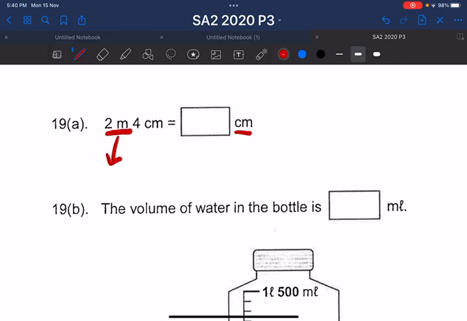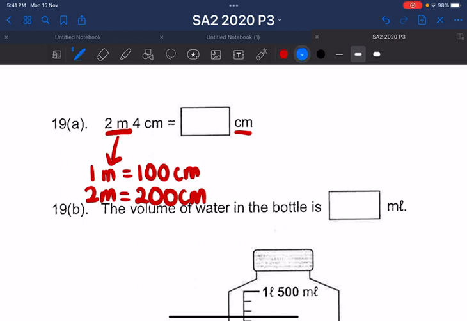is, if you remember, 1 meter is 100 centimeters. This is the only one that is in hundreds because a centipede has 100 legs. So 2 meters, easy as well. You know that 2 meters is 200 centimeters.